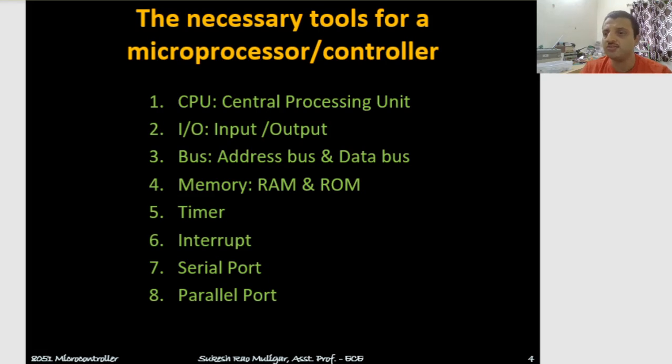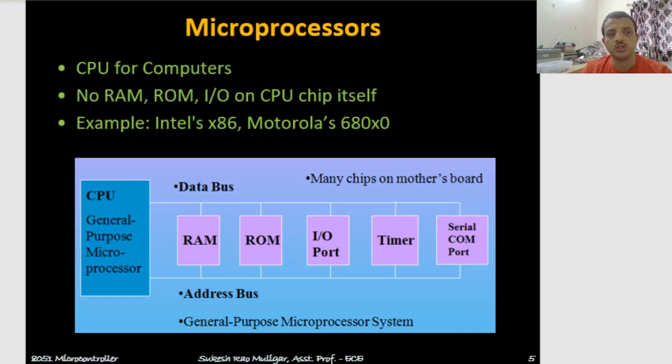This is the main set, and the rest are optional components which they will put depending on the necessity. These are timers, interrupts, serial ports, parallel ports, and in more advanced controllers there are communication ports, wireless communication modules or ADC modules. So these things are optional.